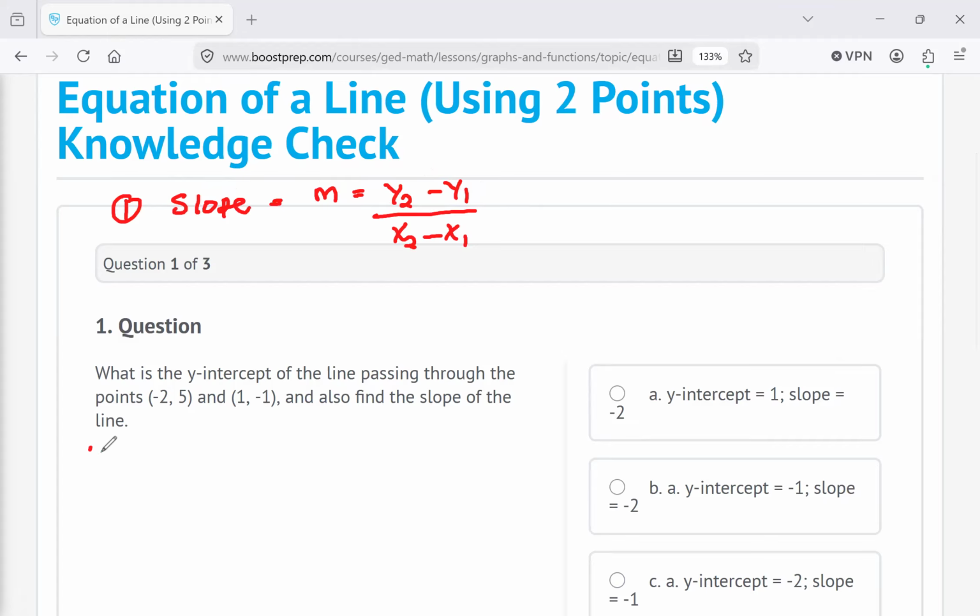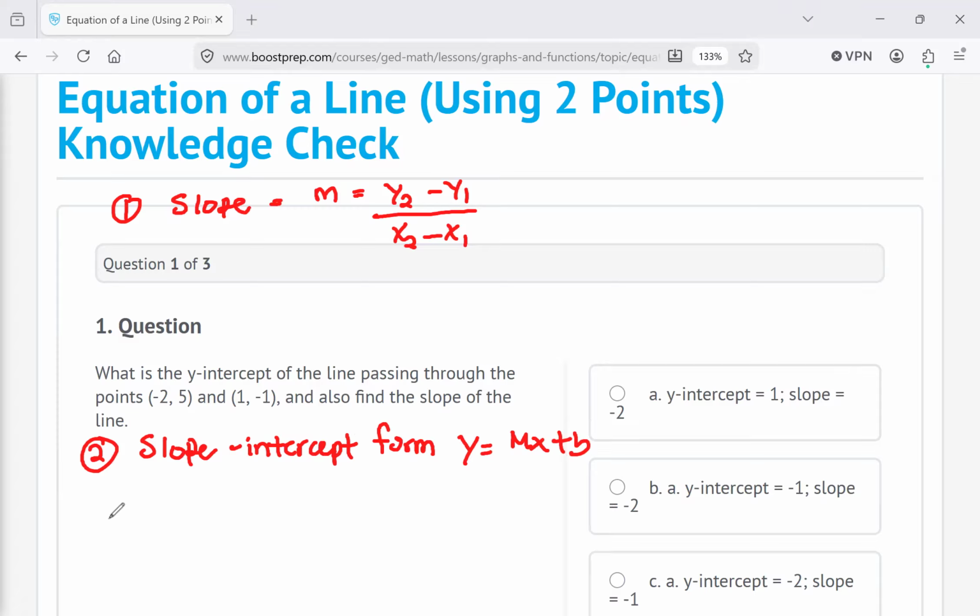And then the other equation we definitely talked about is slope-intercept form. So we might use this one depending on the question. If they ask you for an equation in slope-intercept form, then you would use this formula: y equals mx plus b.